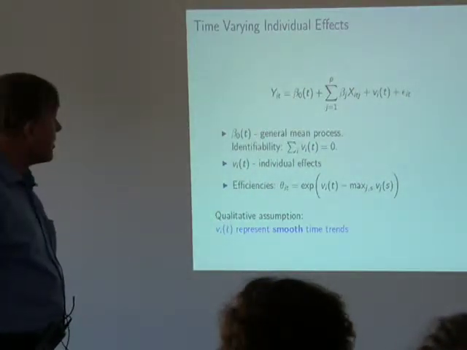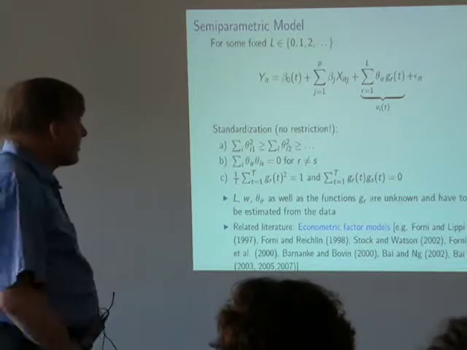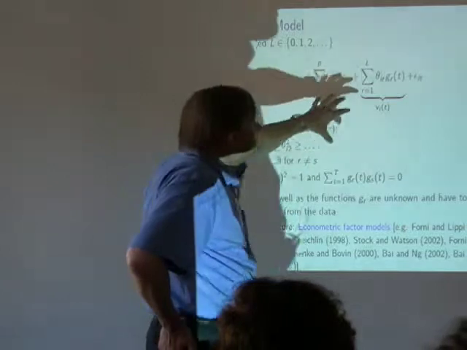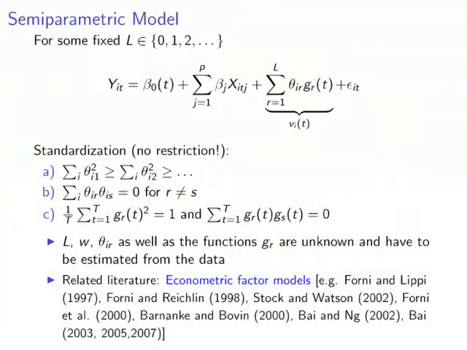You can improve precision of estimation, and also interpretability, if you consider principal component models, where I say that there exists a dimension L such that the vi of t can be described as a linear combination of the basis functions gr, which are again principal components. And the thetas are the scores.